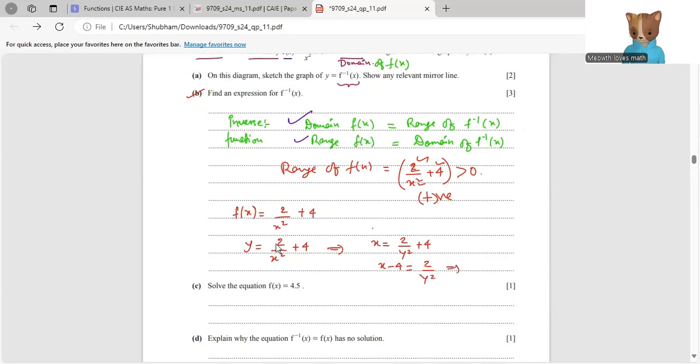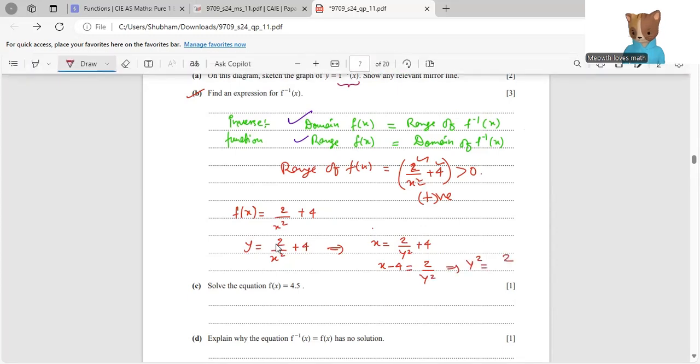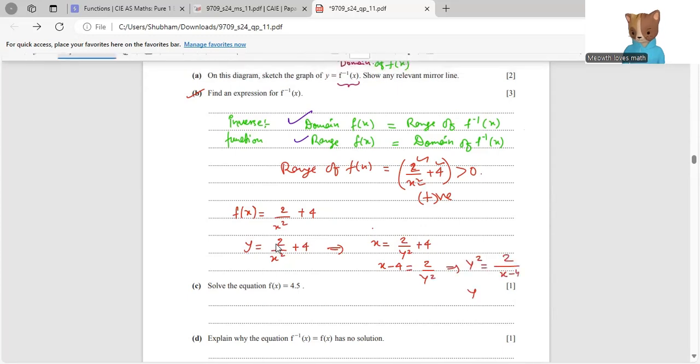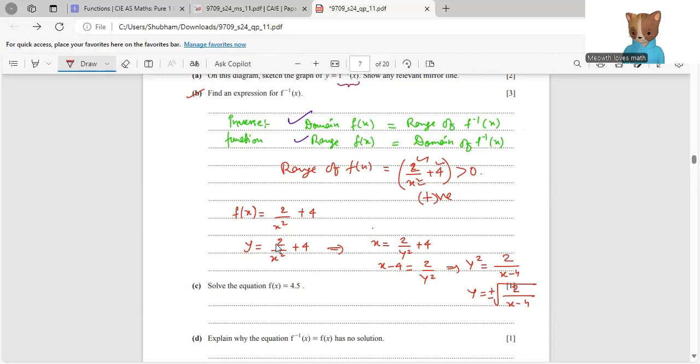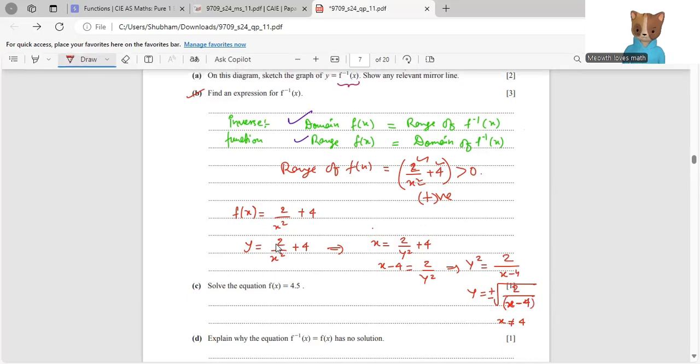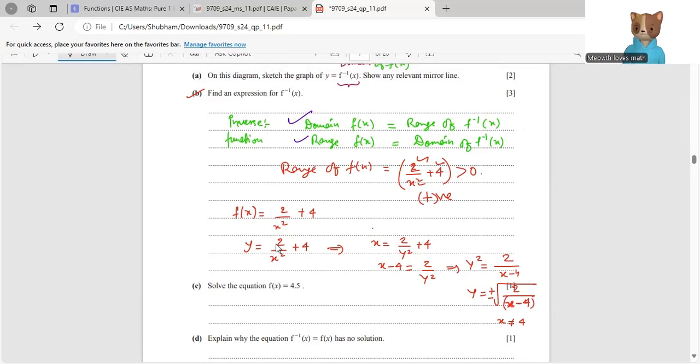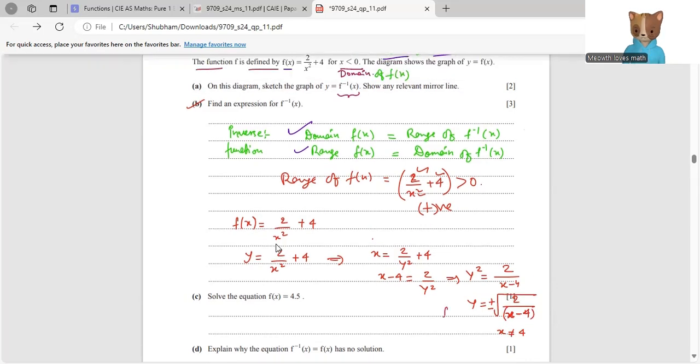This implies y squared equal to 2 over x minus 4, or y is equal to under root 2 over x minus 4 with a plus minus sign. Now this is defined when x is not equal to 4, because if x is equal to 4, 2 by 0 is not defined. So x should not be equal to 4, and therefore this is my f inverse of x.